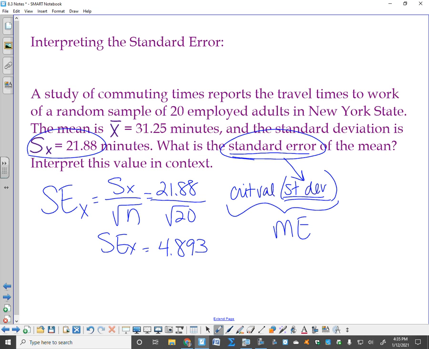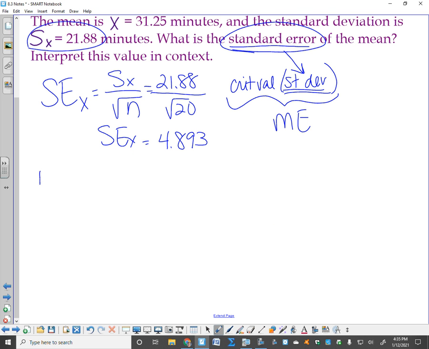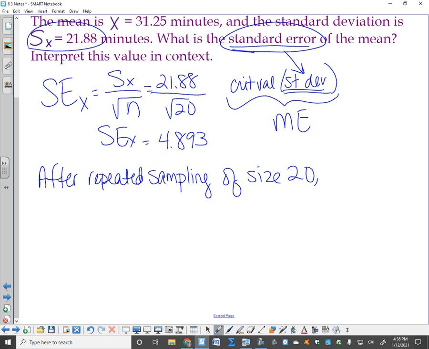Okay, so let's write it. After repeated sampling of size 20. So I have to do it a bunch, and they have to all be the same size.